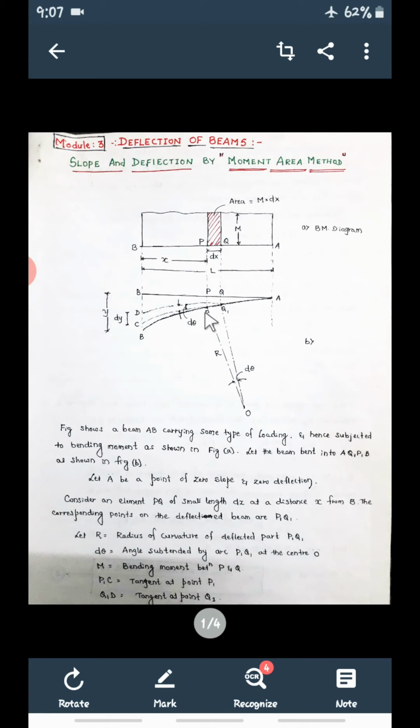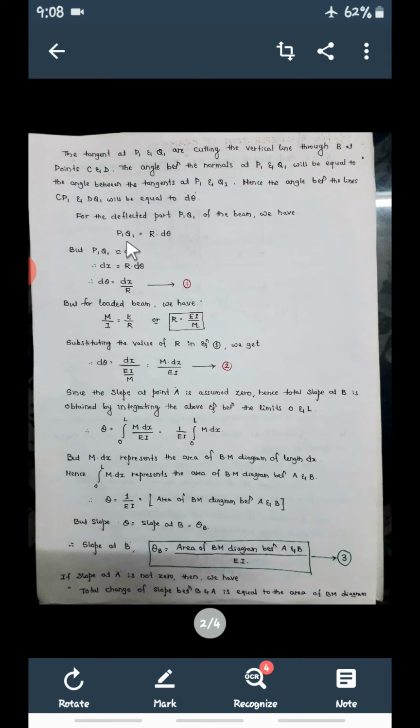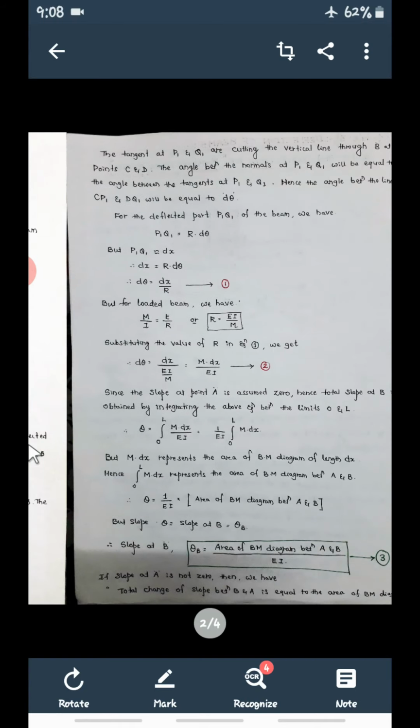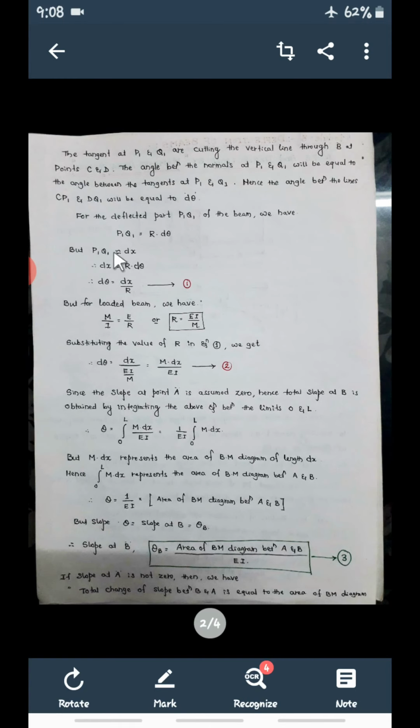This small arc length P1Q1 is equal to R into d theta. But P1Q1 is almost the same as PQ, that is dx. So P1Q1 is equal to dx.